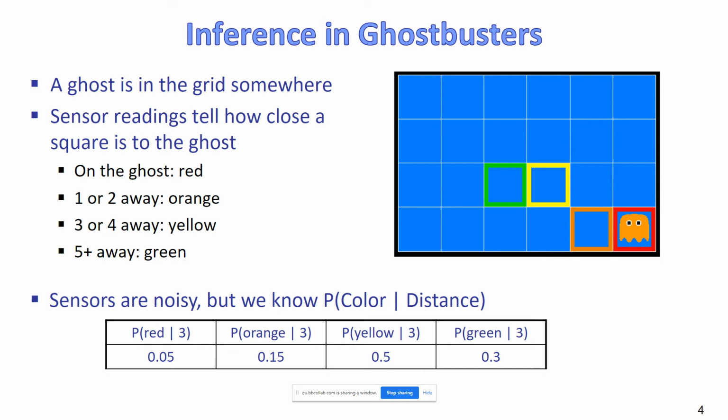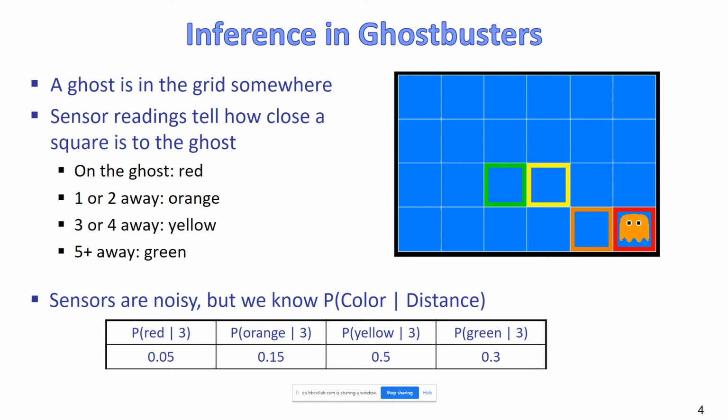So there is uncertainty and noise in the readings from the sensor. Red doesn't always mean that the ghost is here. There is a high chance that it is here, but it's not 100%. That depends on how far we are from the ghost.